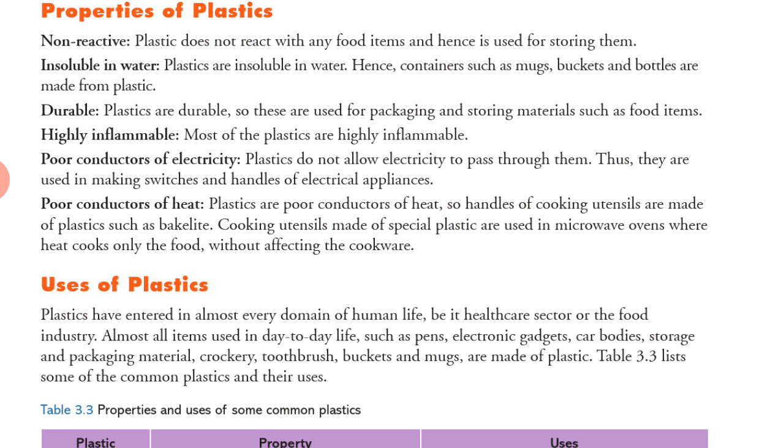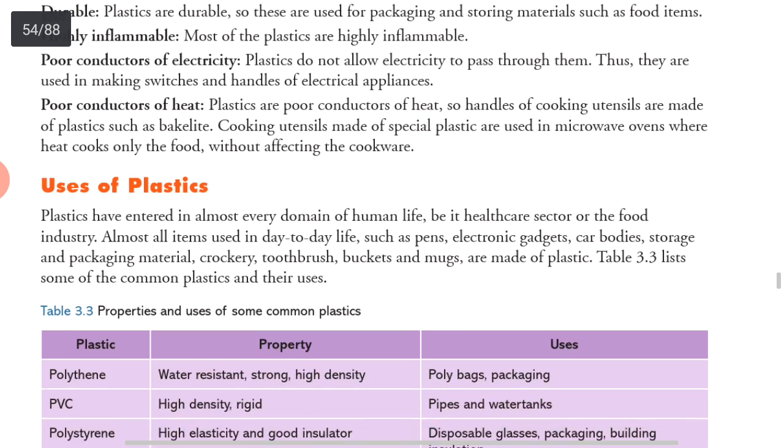Plastics are poor conductors of heat, so handles of cooking utensils are made of plastics such as bakelite. Cooking utensils are made of special plastics used in microwave ovens, where heat cooks only the food without affecting the cookware.